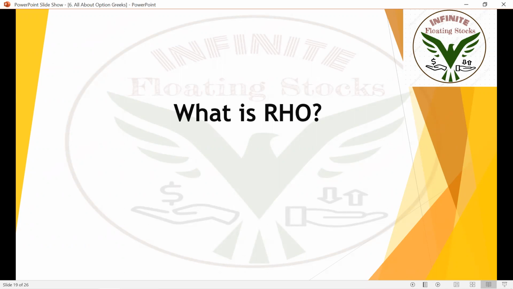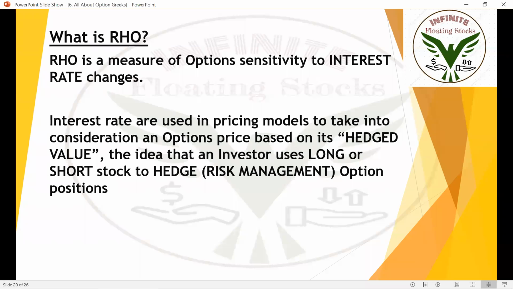So what is rho? We can actually ignore rho because we don't consider rho while trading. I'll just go through the definition. Rho is a measure of option sensitivity to interest rate changes.